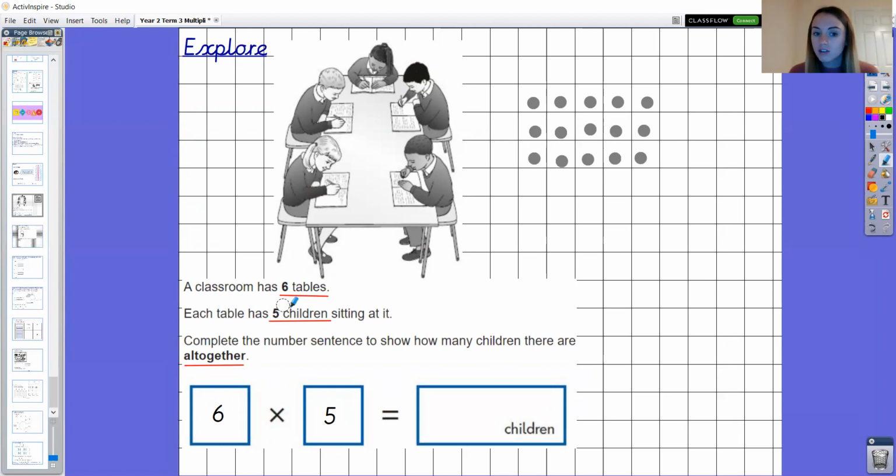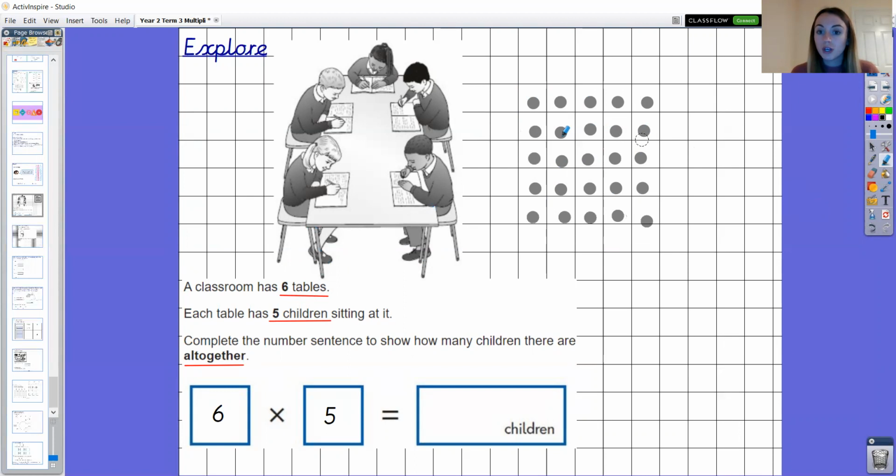We need to keep going because a classroom has 6 tables. So count with me. 1, 2, 3, 4, 5. 1, 2, 3, 4, 5. Okay, so how many tables is our array showing now? Brilliant.